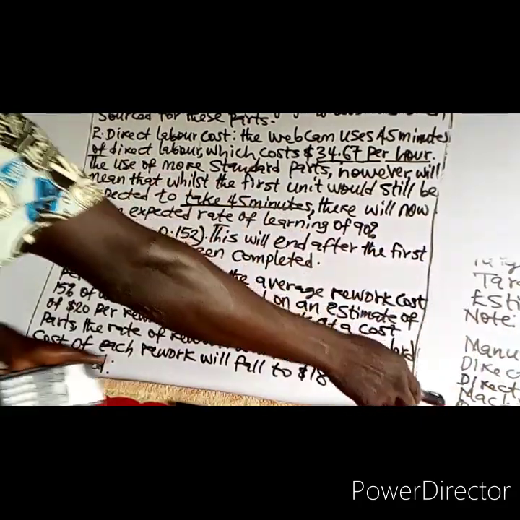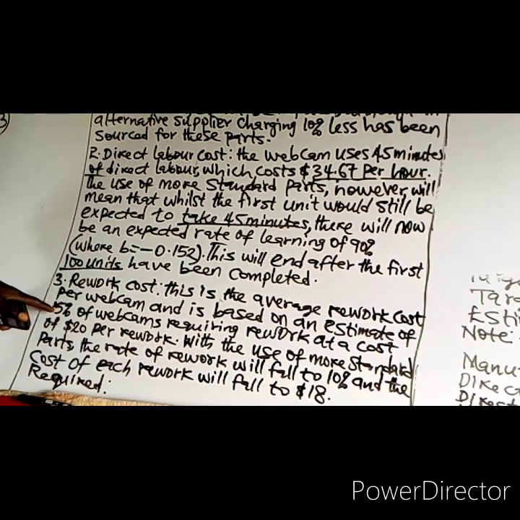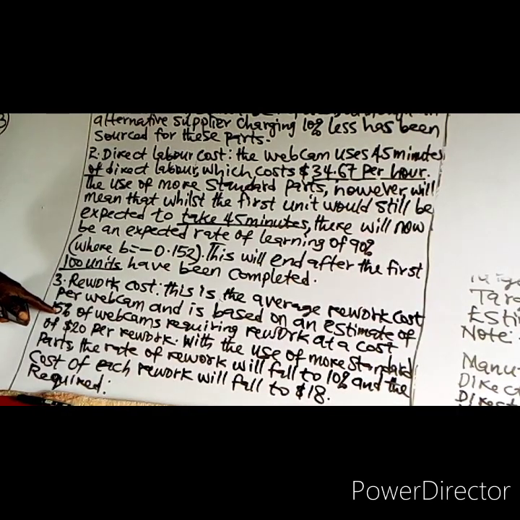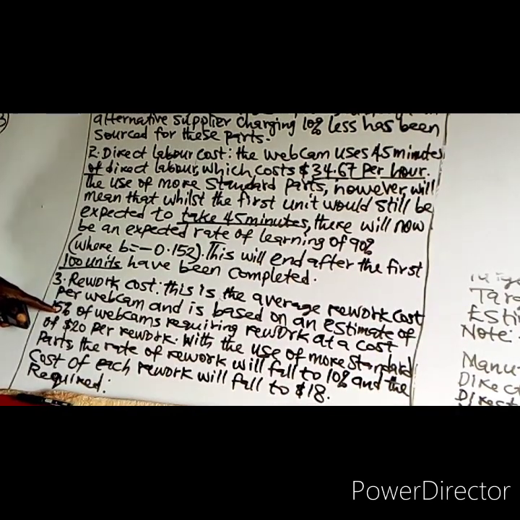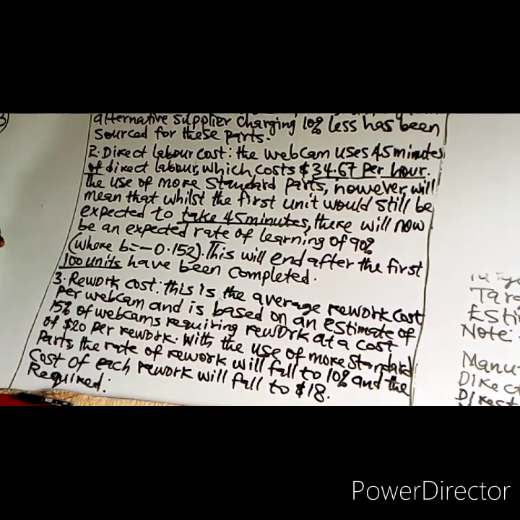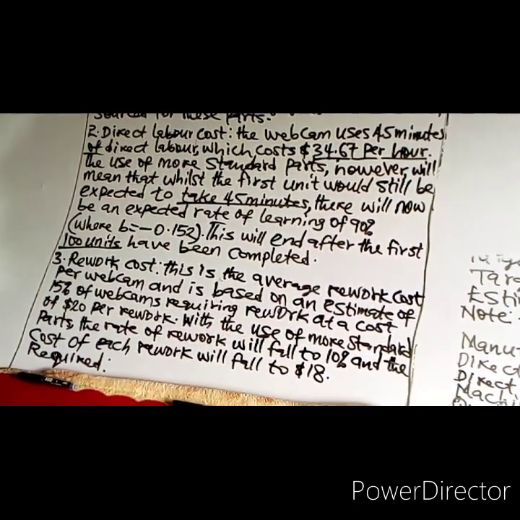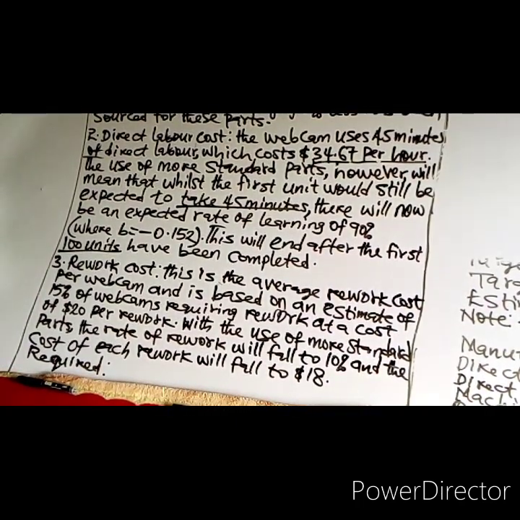This estimated rework cost of $3 is obtained by calculating 15% of the total estimated lifetime output of 50,000, times $20. That gives us 150,000. If you now divide the 150,000 by the 50,000, it will give you the average cost of $3.